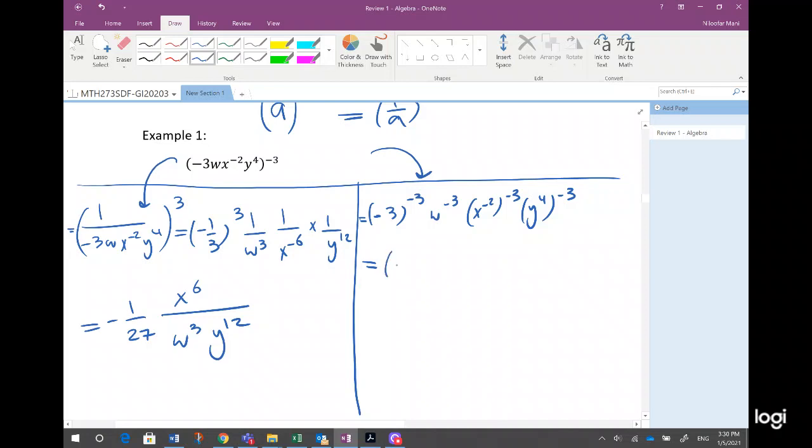Okay, so this one is minus 1 over 3 power 3, 1 over w power 3, x power 6, and y power minus 12, which is minus 1 over 27, x power 6 over w power 3, y power 12.